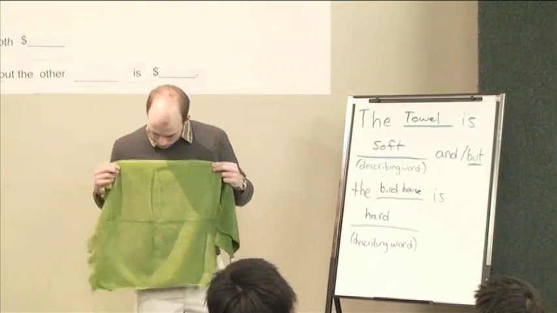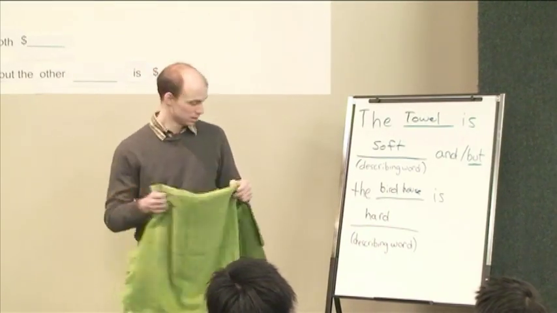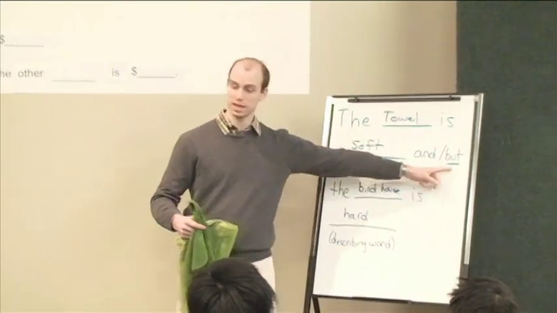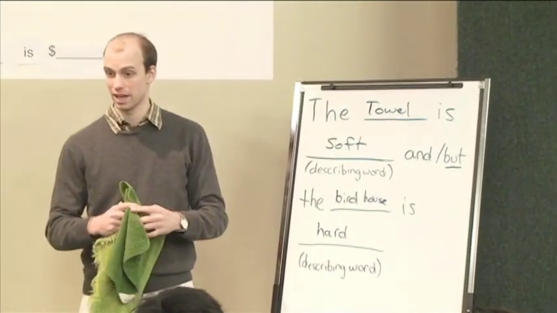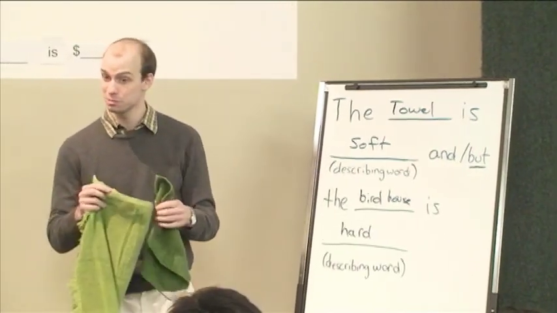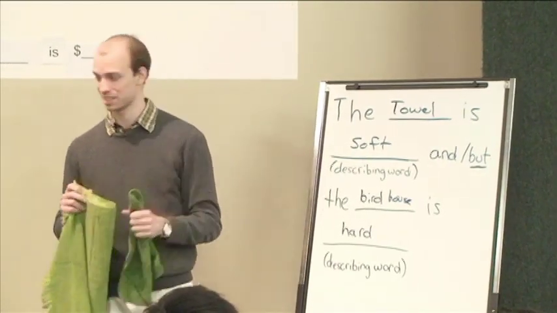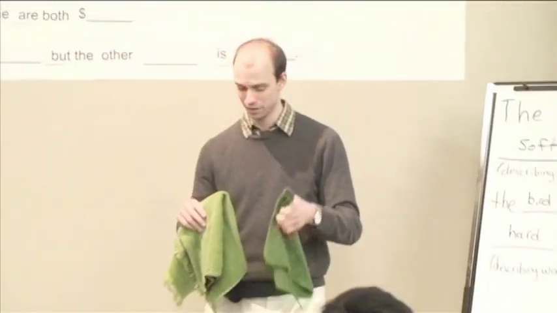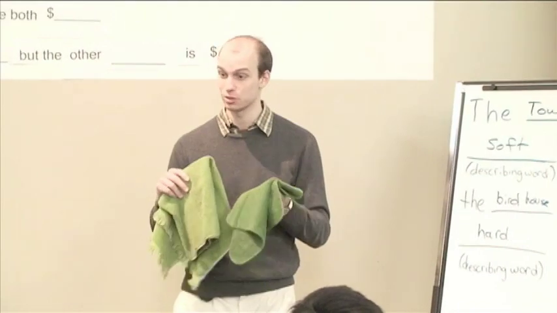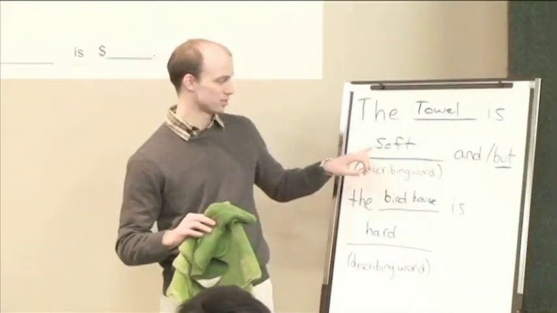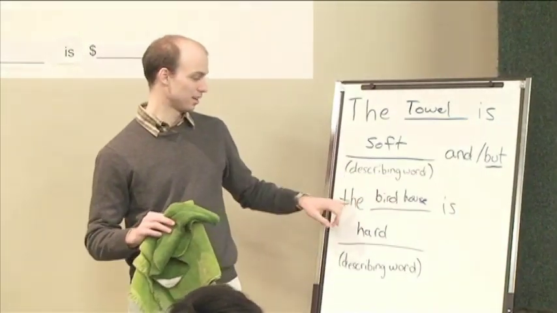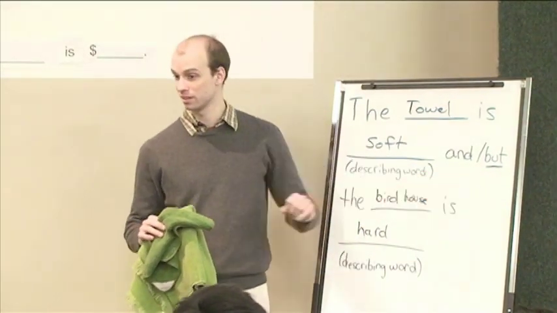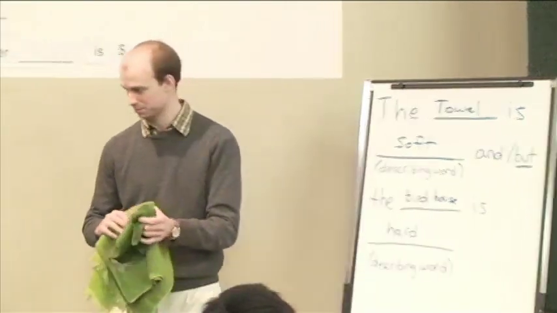And this towel is big. So we have small and big. So what word do we use? And or but? But. Why do we use but? It's not the same. Okay, so what is the same? Color. What color is this? Green. Okay, so the towel is green and the other towel is green. So what word do we use? And or but? And. Perfect.